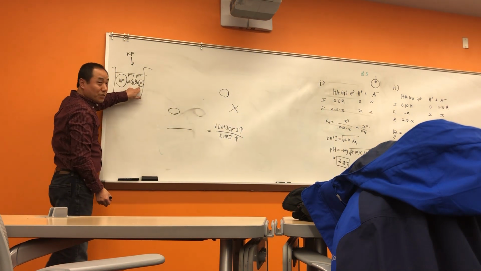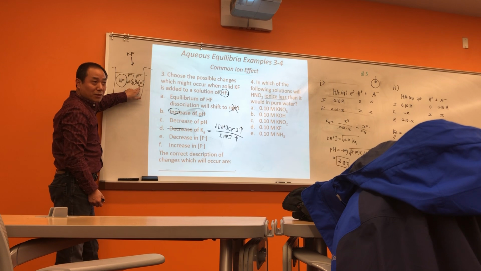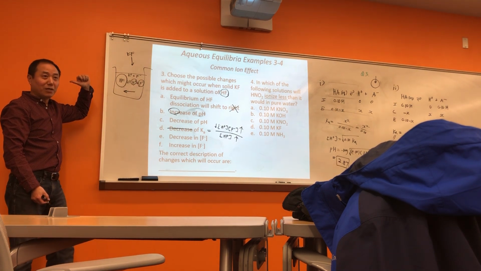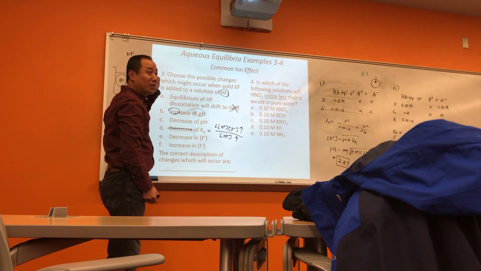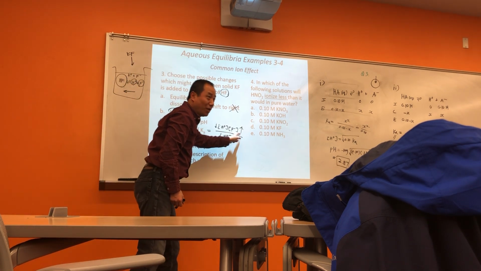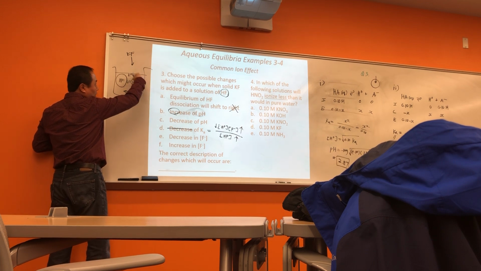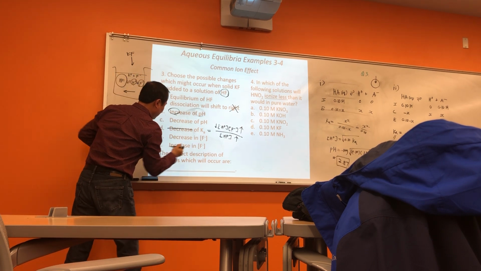Does fluoride content increase or decrease? You can shift this way. Increase? Yeah, they increase. We actually did that. The original amount will decrease, but we add more. So the overall concentration of fluoride actually increases.